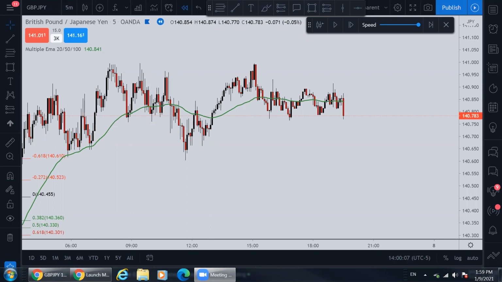Today, I want to conduct a backtest session of pound yen, GBPJPY on the 5-minute time frame. I'm going to go over a brief explanation of the strategy. I've done this before, but I'm trying to show you how it works in at least a replay environment as opposed to a live environment.